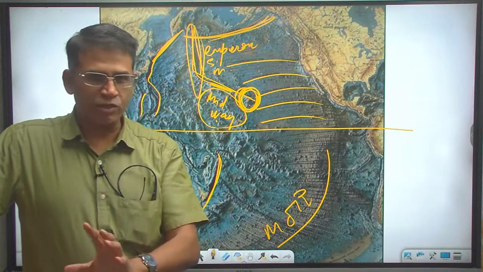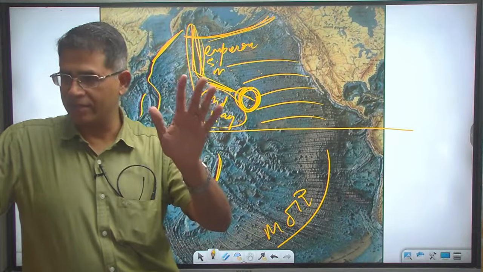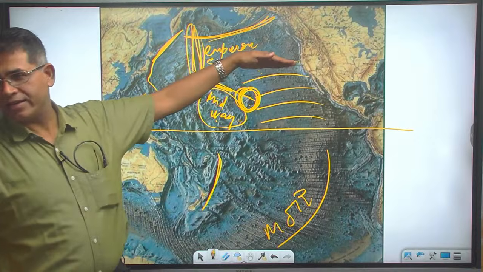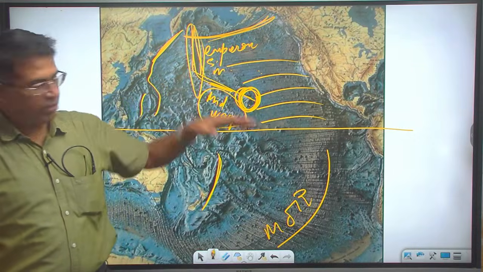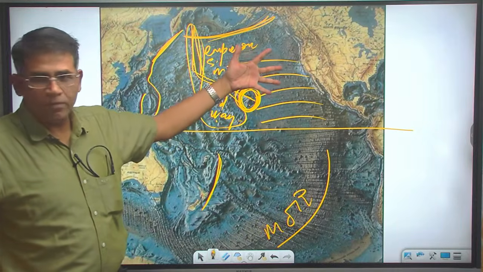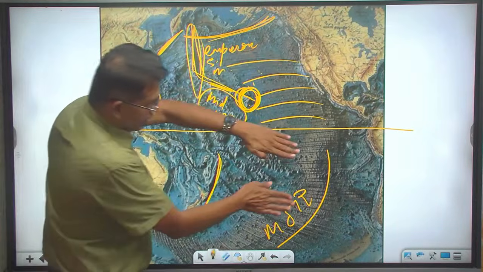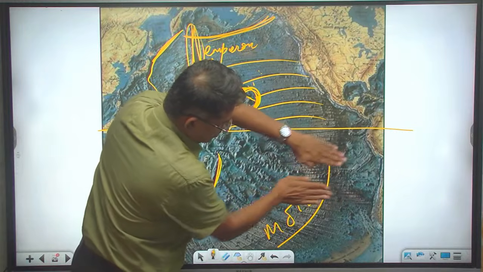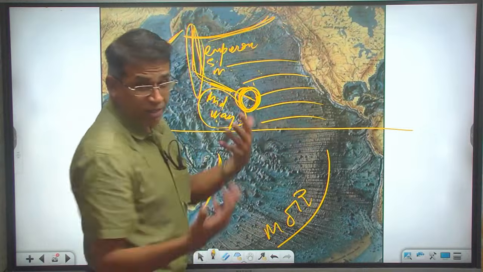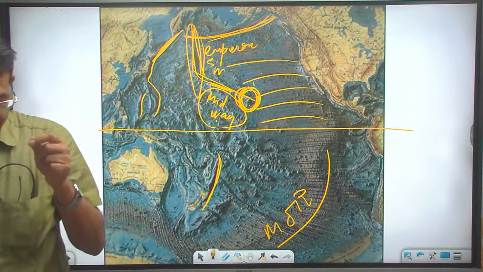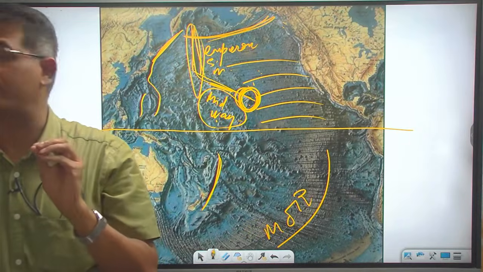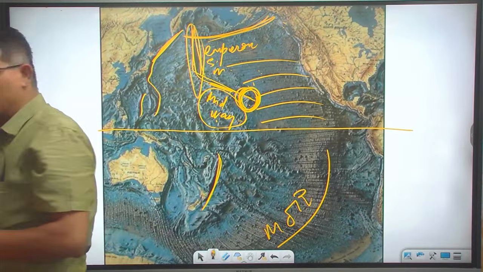The ridge systems are not the same as fold mountains. The transform fault here is not the same as the tensile cracks here. These are shear cracks, and this is tensile stretching, a different process. Here the slip is like this, and here it is stretching out like this. The processes are different. So be alert, and by the time you finish, you will know what these terms mean. I can move on, all of you.